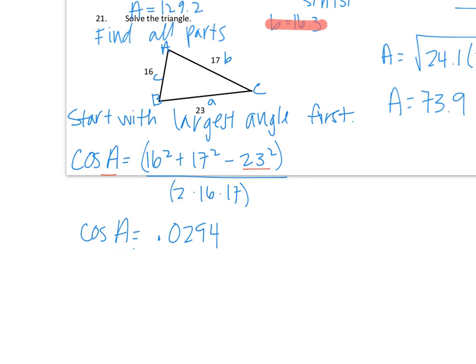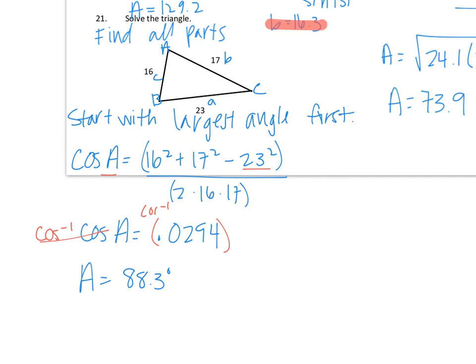To get rid of this cosine, we need to do the inverse cosine. So these cancel. A equals 88.3. All right, 1 down, 2 to go.